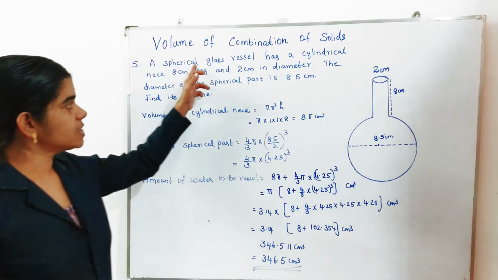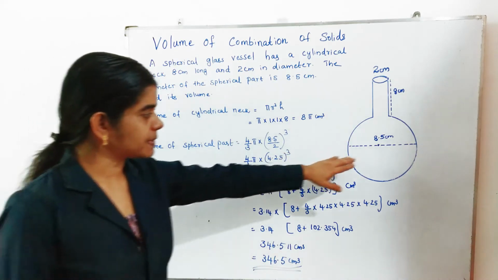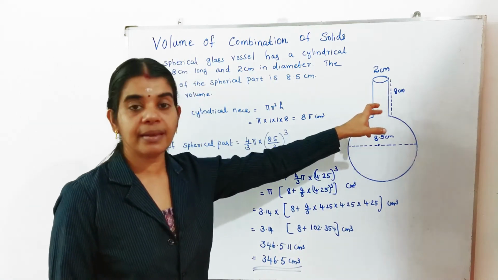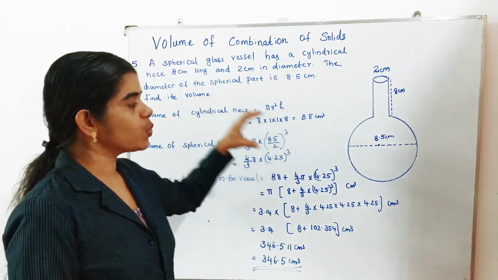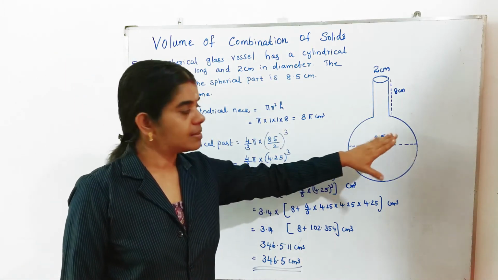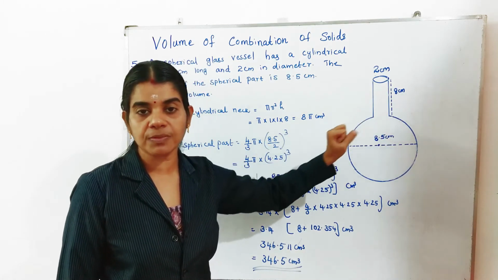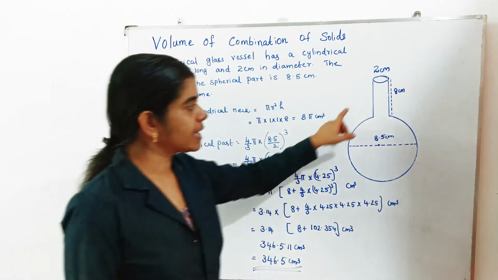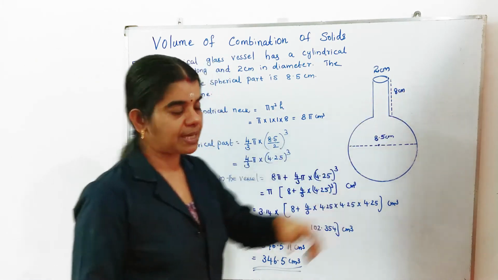Next question, a spherical glass vessel has this will be the shape. Spherical shape is there. Then cylindrical neck also there. Then you want to find its volume. Then volume of the spherical part plus volume of the cylindrical part will be the volume of the vessel. For a cylindrical part, height is equal to 8 cm and diameter is equal to 2 cm.